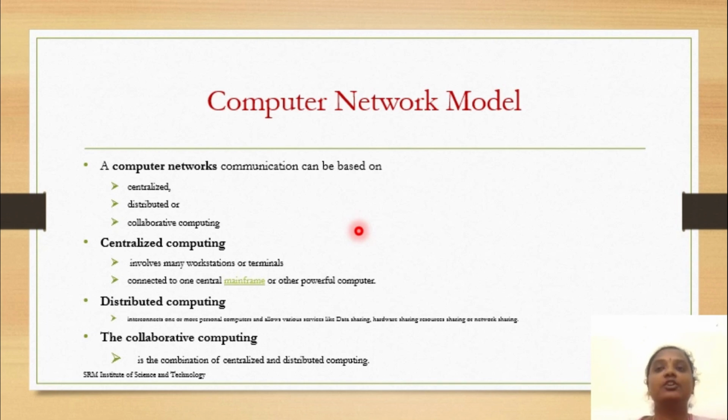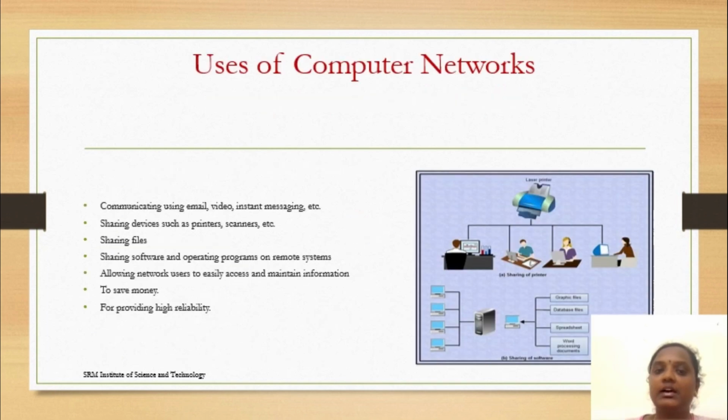Anyone can access Google in that laboratory. So that internet connection is the centralized one, but the computers connected with a LAN cable inside that lab or organization form a distributed one. So the collaborative model is the combination of centralized and distributed. So this is the computer networking model.